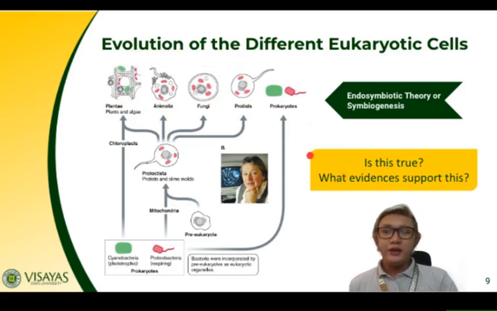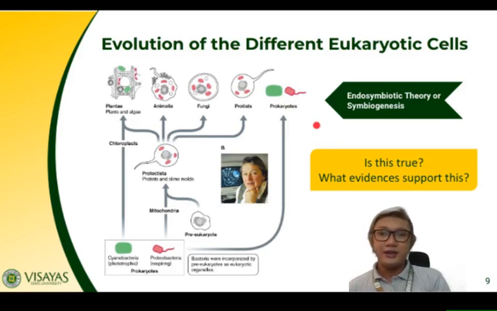Now, a theory proposed by Lynn Margulis is called the endosymbiotic theory or symbiogenesis, which explains the evolution of the different eukaryotic cells from the very first eukaryotic cells. So after the formation of these first eukaryotic cells, these pre-eukaryotic cells, sometimes during feeding, encountered a proteobacteria.